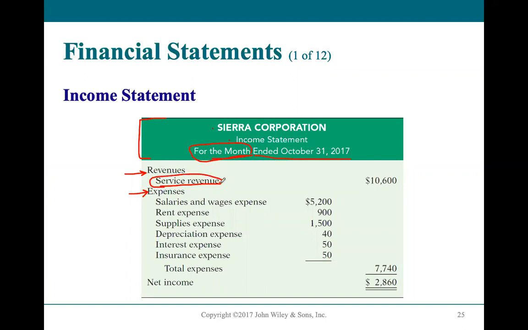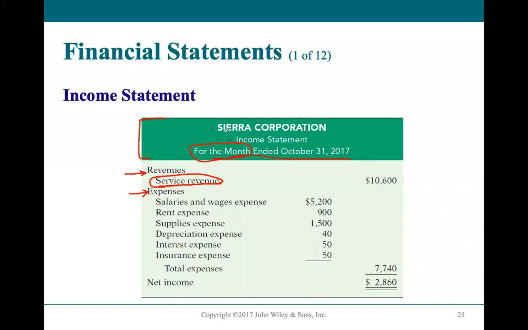Service revenue means that the revenue, which is the money they earned from customers, was because they provided a service. And again, a service could be anything from cutting somebody's hair, doing someone's taxes, giving them legal advice, or other types of things like this. So a service is paid work, right? You're paying someone to do work for you. And that's how this particular company makes their revenue.